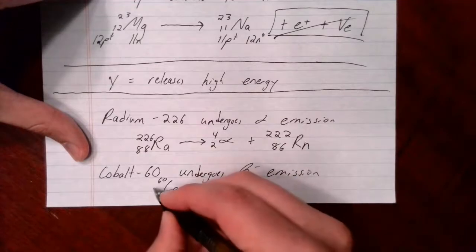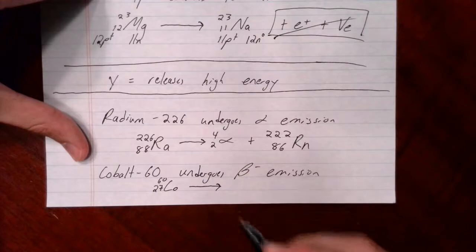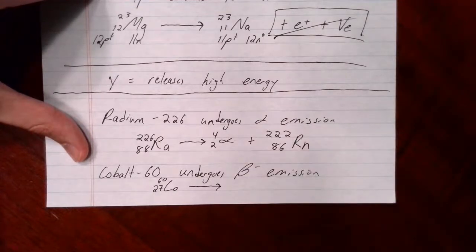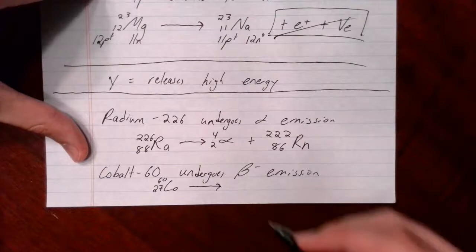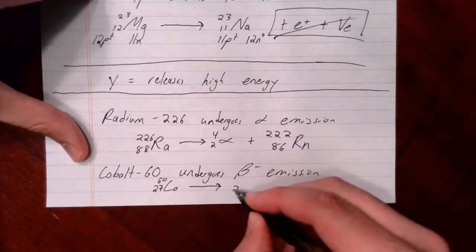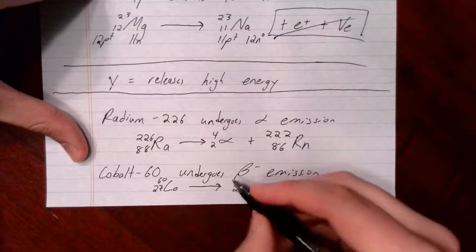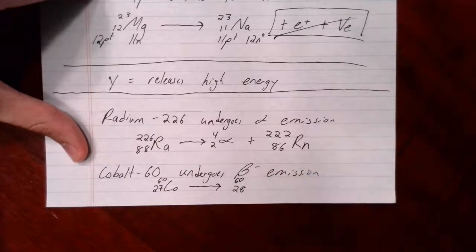I look at the periodic table, see that Cobalt has an atomic number of 27. Now I think, okay, what does a beta decay do? So a beta decay, I remember, converts 1 neutron to 1 proton. So I know my product is going to have 1 extra proton. But I know if it changes a neutron to a proton, then mass doesn't change. So it has the same mass here.